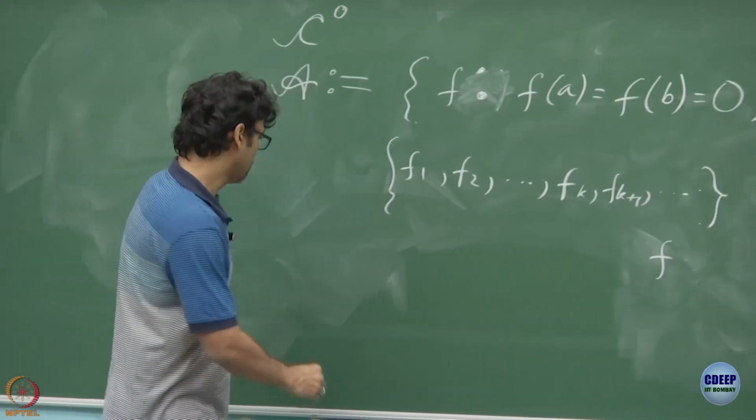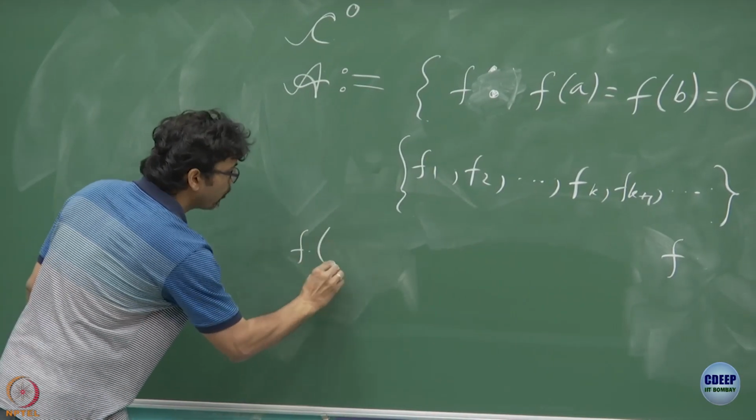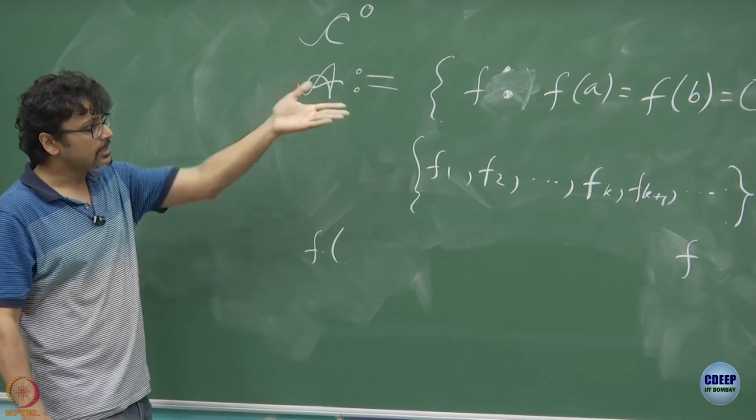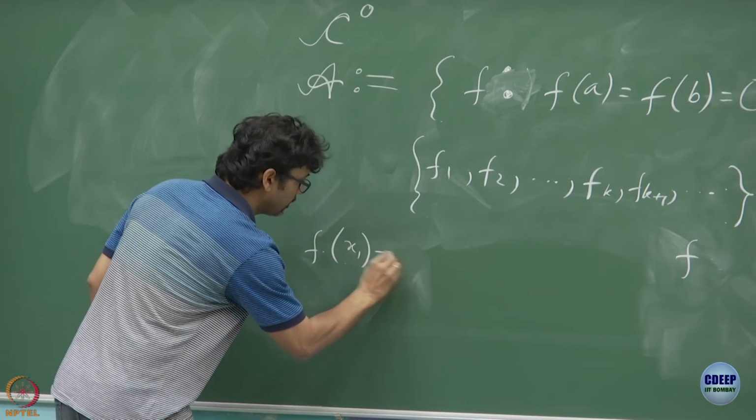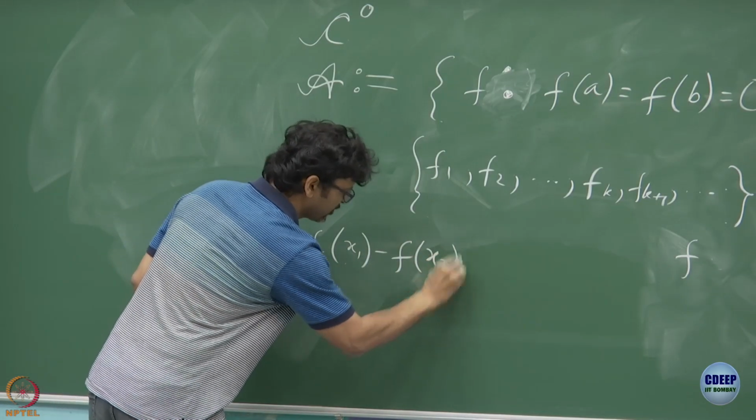So let's take 2 points x1 and x2 inside the interval a to b and find out f x1 minus f x2.